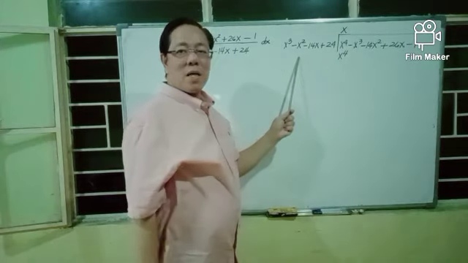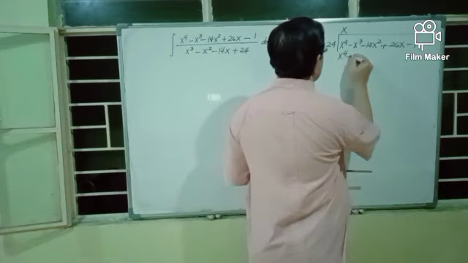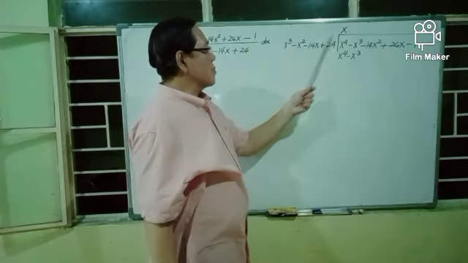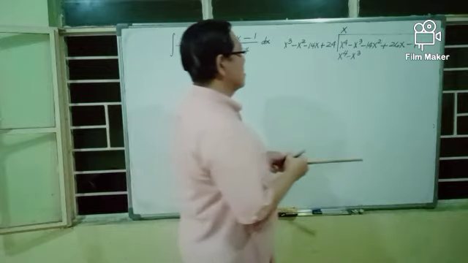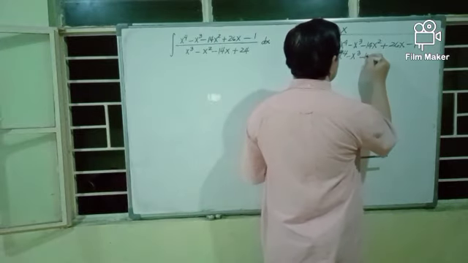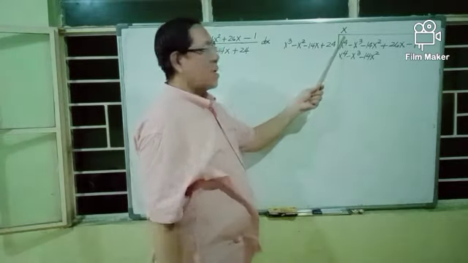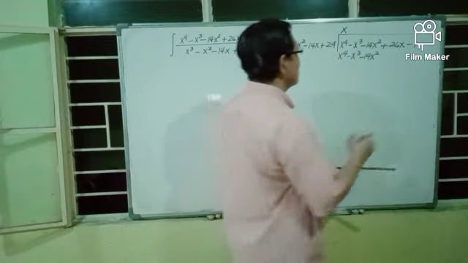X multiplied by negative x squared is negative x cubed. X multiplied by negative 14x is negative 14x squared. And x multiplied by 24 is 24x.